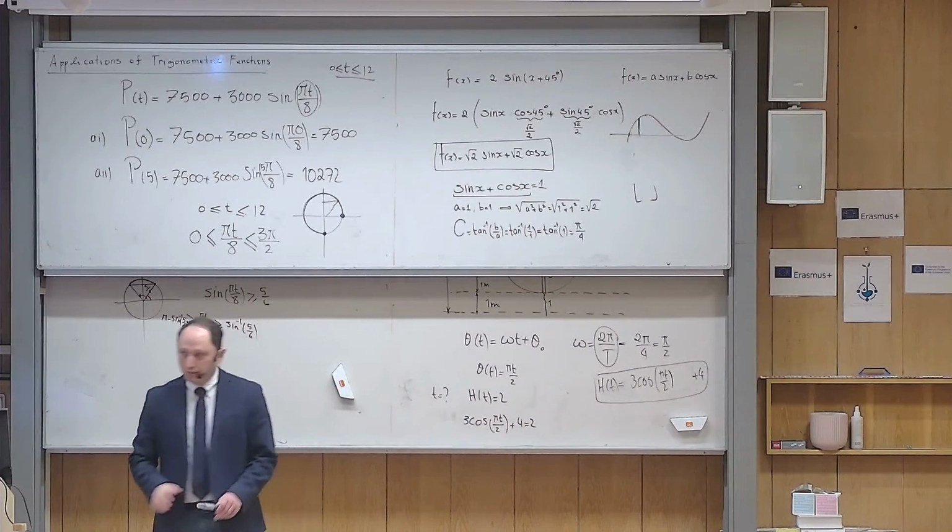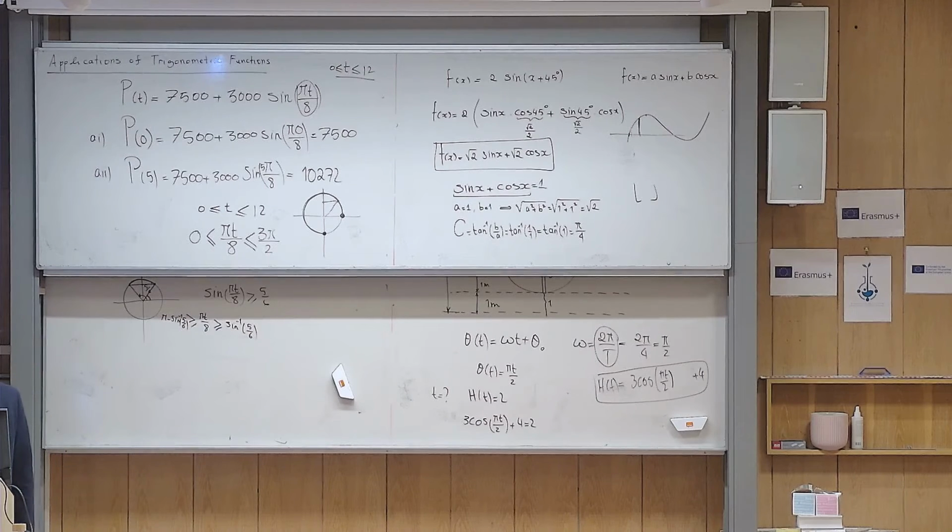Let us use GeoGebra to solve that. I go here and I ask GeoGebra to solve 3 times cosine of pi times t, divided by 2, plus 4 equals 2, and the variable is t.